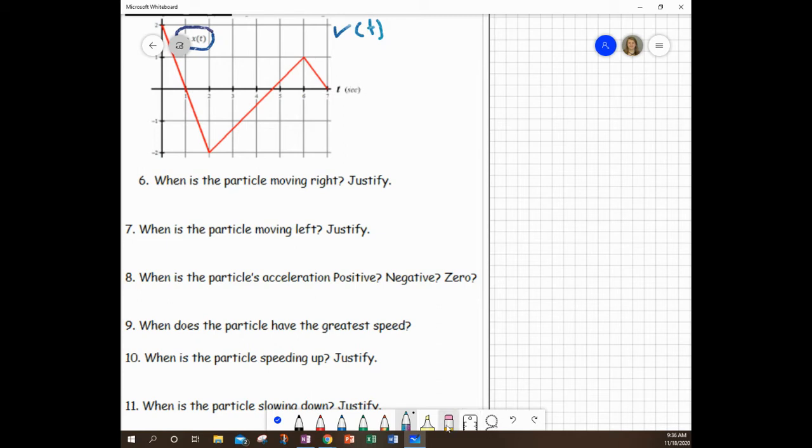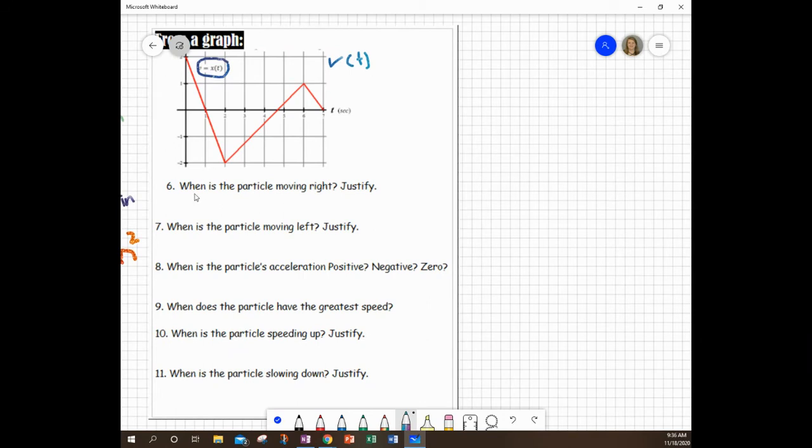If you guys remember, your particle is actually going to be moving to the right whenever your velocity is positive. So when my velocity is greater than 0. And how do I know that? Well, it's above the x-axis. So if I'm looking at this, my velocity is above the x-axis right here, and it is above the x-axis right here.